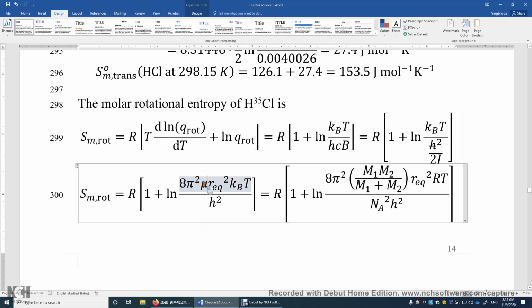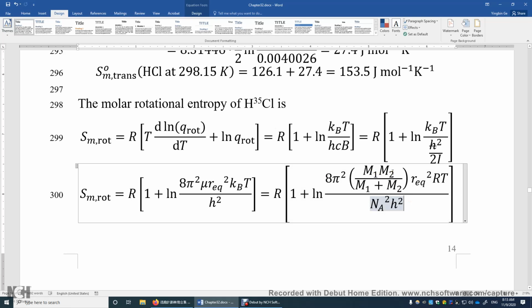But again, this mu and kB are both really small. So I multiply mu by the Avogadro constant, and I multiply kB by the Avogadro constant. I get this formula, which is a bit more convenient for numerical calculations.